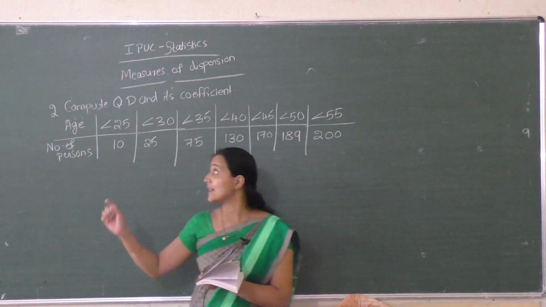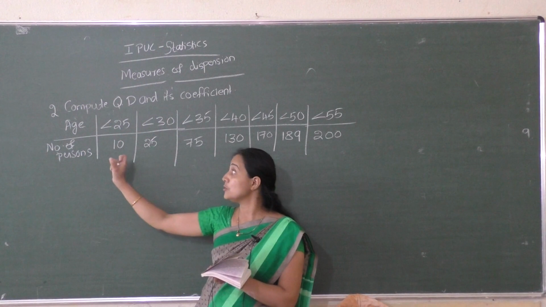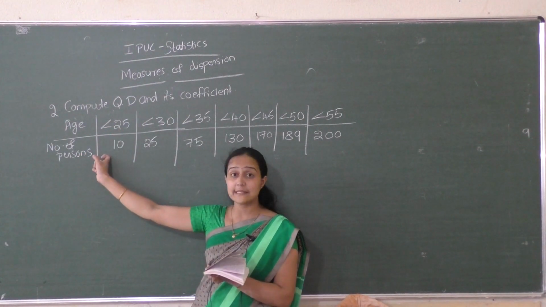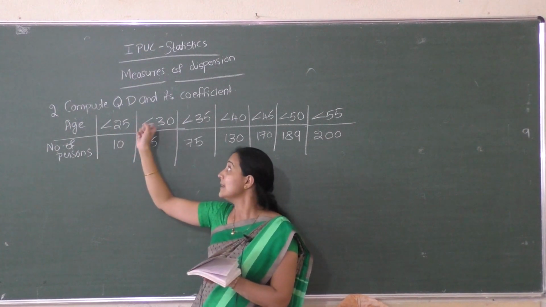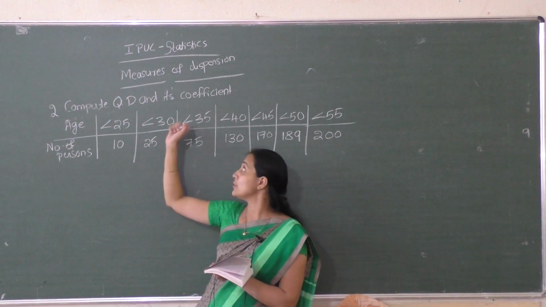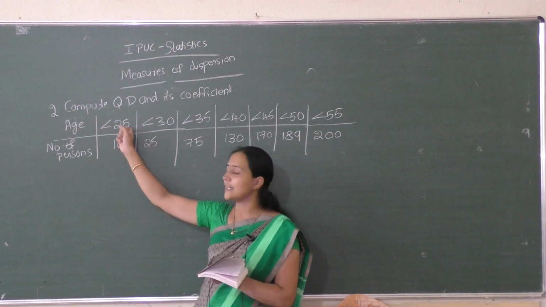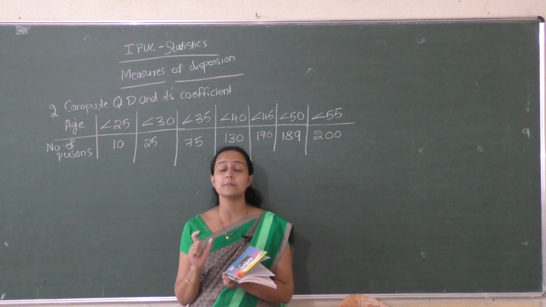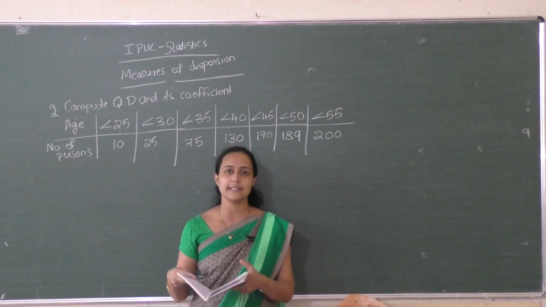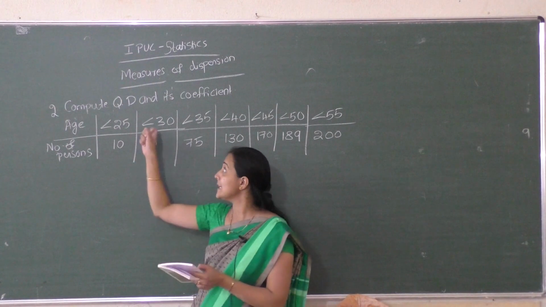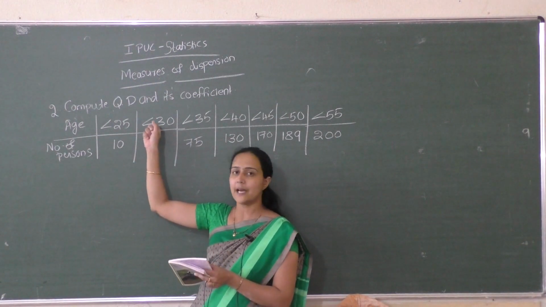Instead what is given? Less than 25, 10 observations are there. For age less than 25, how many persons are there? 10 persons. Less than 30, 25. Less than 35, 75. Means what? Less than 25 means 25 is the upper limit, isn't it? Less than 30 means 30 is the upper limit.